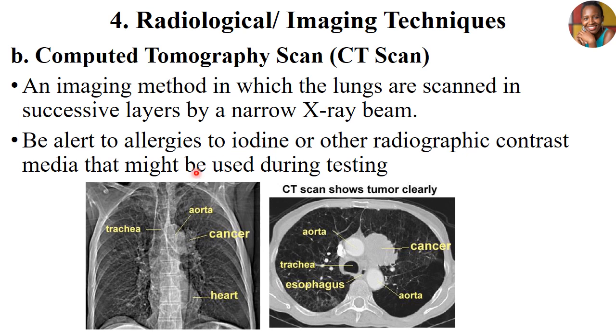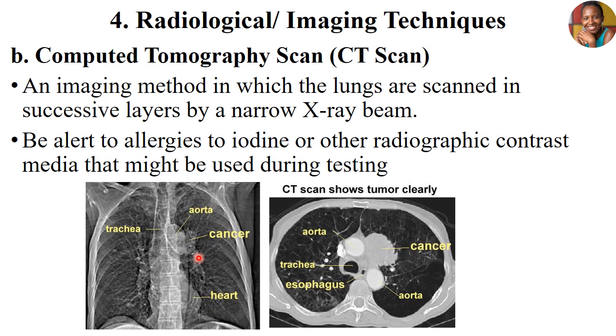So for example, in the chest X-ray, we are able to identify some abnormal structure somewhere around our tracheal area and the aorta. But with the chest X-ray, you are not able to get these details clearly. You're not able to clearly determine how far the cancer is, how big it is, and all that.